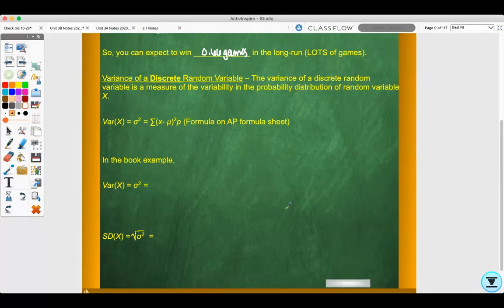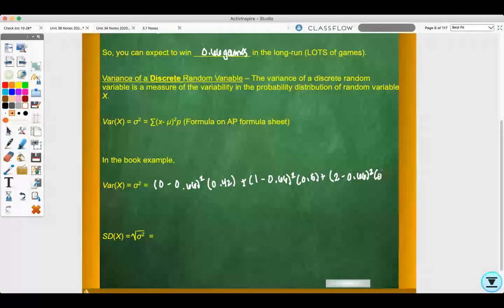In the book example that we did, talking about the games, it would be 0 minus 0.66 squared times the probability of 0 games, 0.42, plus 1 minus 0.66 squared times the probability of 1 game, which is 0.5. Plus 2 games minus my expected value times the probability of 2 games, which is 0.08.